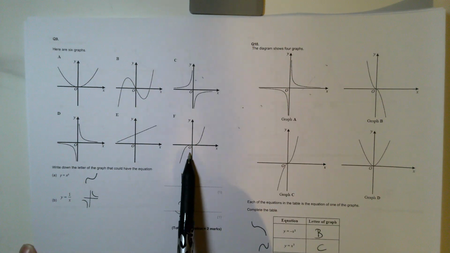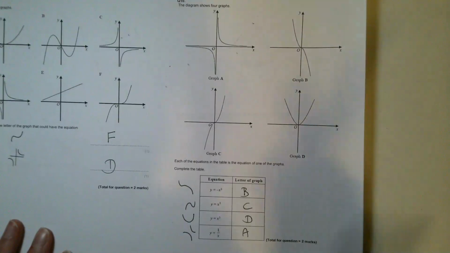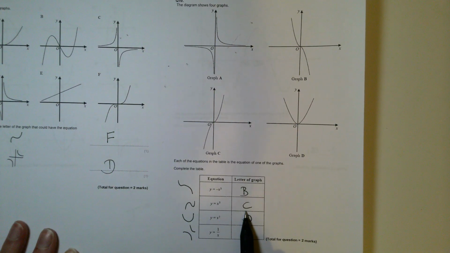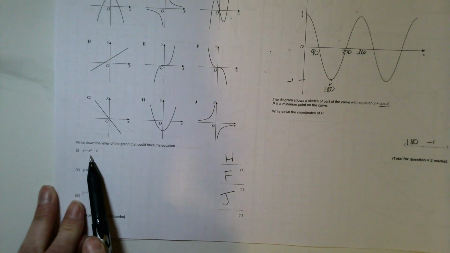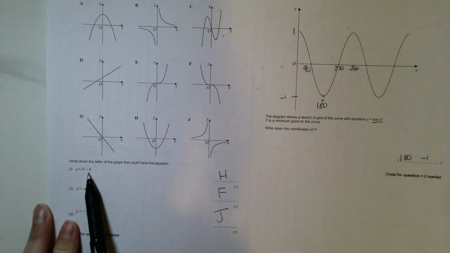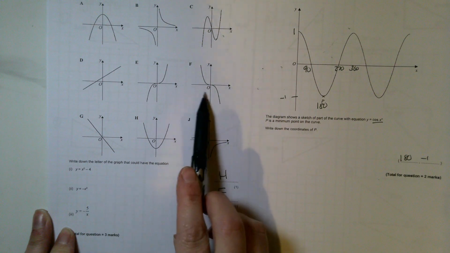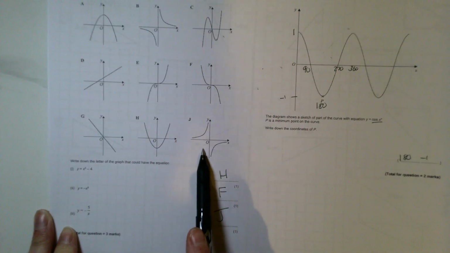Cubic graph, that was F. Your reciprocal graph is D. Negative cubic is B. Your cubic is C. Your quadratic is D, and your reciprocal is A. Quadratic, where it cuts a y-intercept at -4, is H. Your negative cubic is F, and then your negative reciprocal is J.